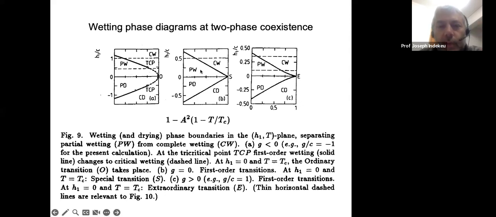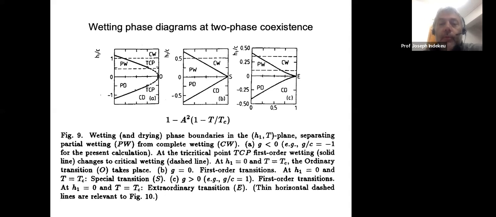So these are three very generic, very typical phase diagrams. And they are not only valid, say, for this mean field theory that we have scrutinized, but they also pertain to, for example, simulations of the three-dimensional Ising model wetting transitions.